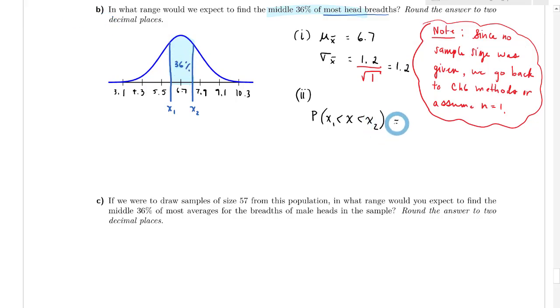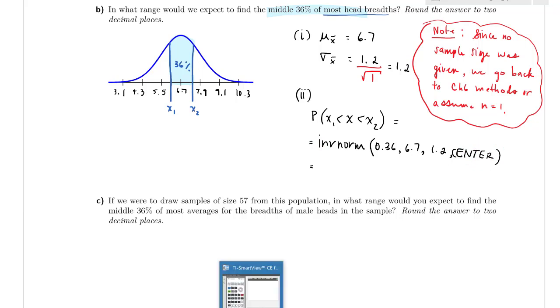Okay, so the method will be similar. We still are given an area, and yet we need to work our way backwards to find x1 and x2. So if you recall, when we were given area and needed to find x values, we used invnorm. And what you did is you just put in the area and the mean and the standard deviation, and then selected the area, and we're going to select center.